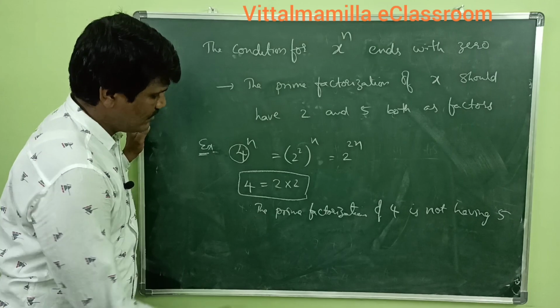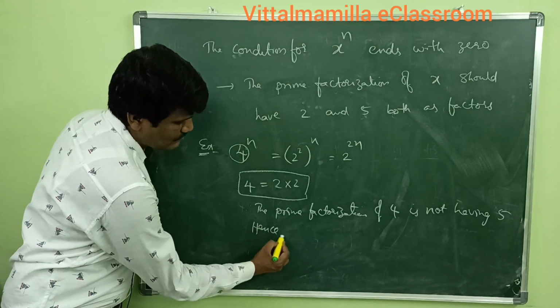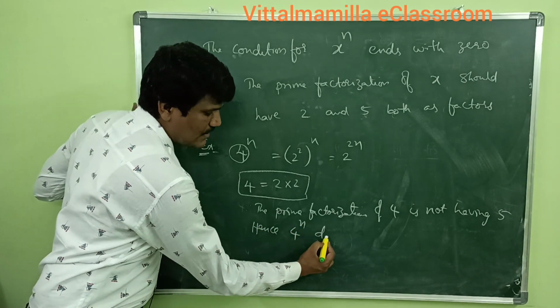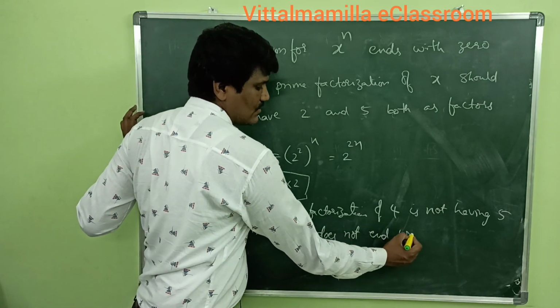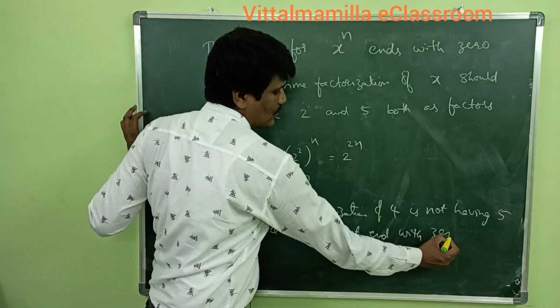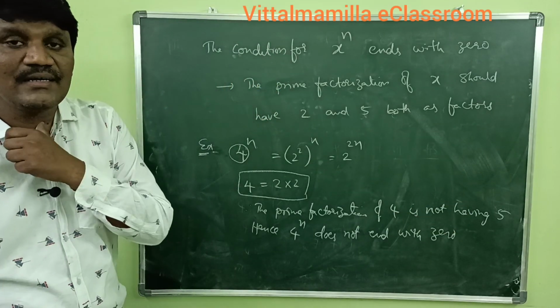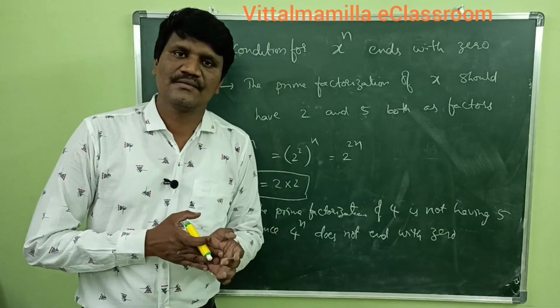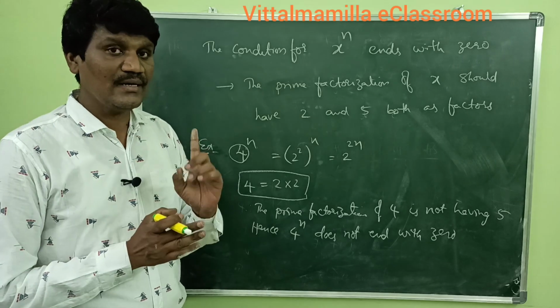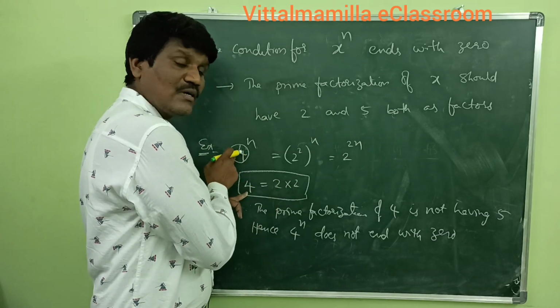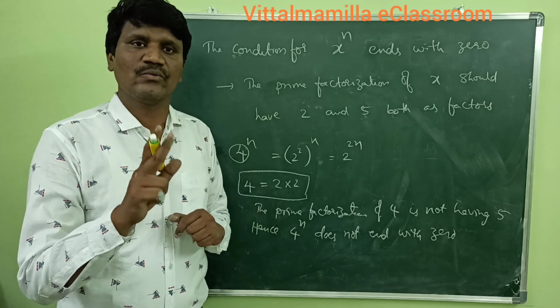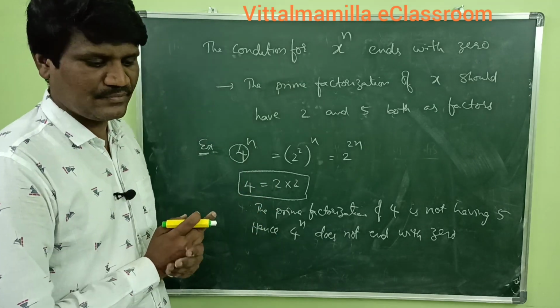Hence 4 power n does not end with 0. For ending with 0, the prime factorization of the given number should have 2 and 5.